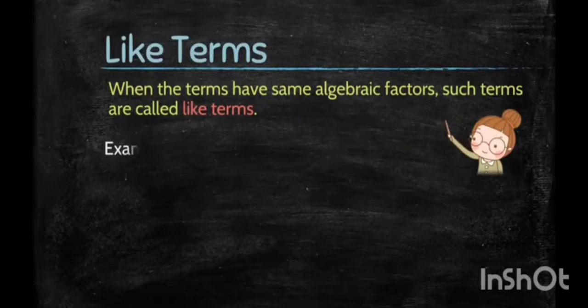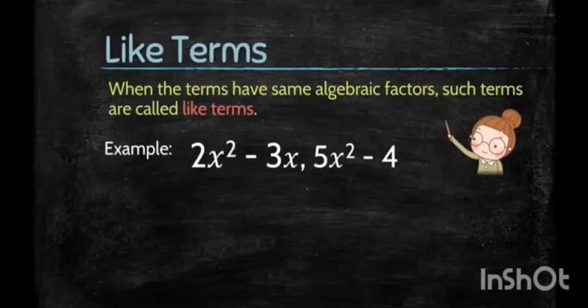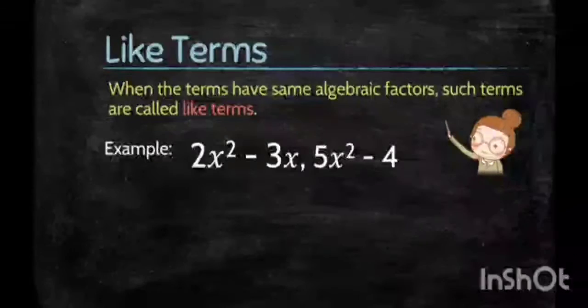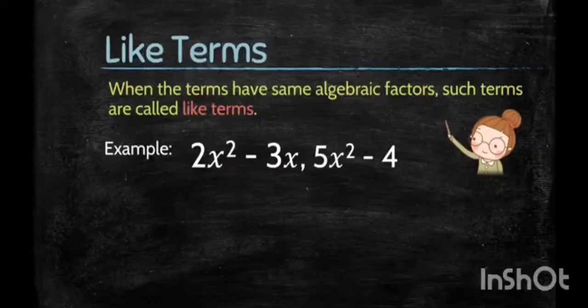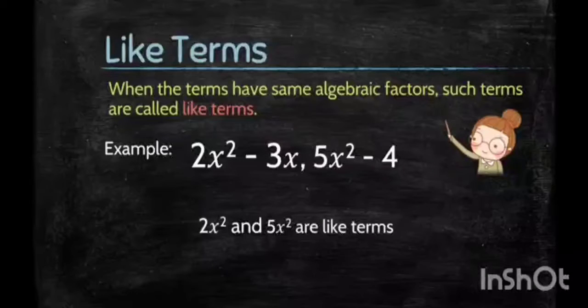For example, consider two algebraic expressions 2x square minus 3x and 5x square minus 4. Here 2x square and 5x square are like terms because they have same algebraic factors.